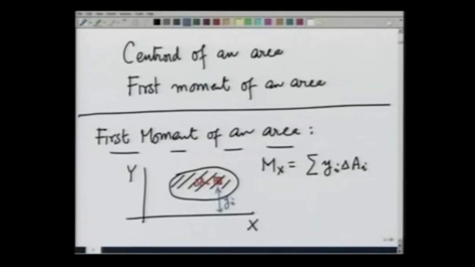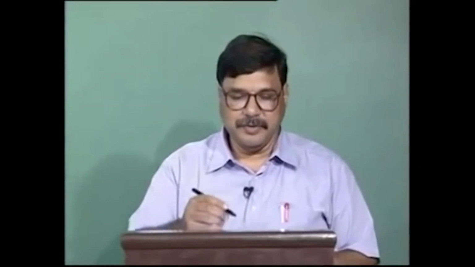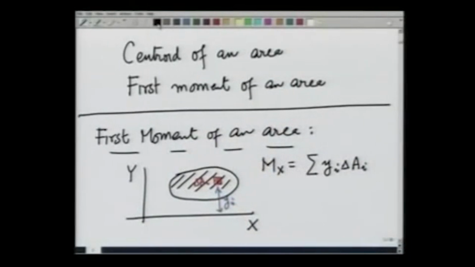So, what am I doing? I am taking a small elemental area delta Ai, multiplying it by the distance from the x axis and summing it up. In a continuous distribution, you know from your course in calculus, this is nothing but the integral of y dA. That is the first moment about the x axis.